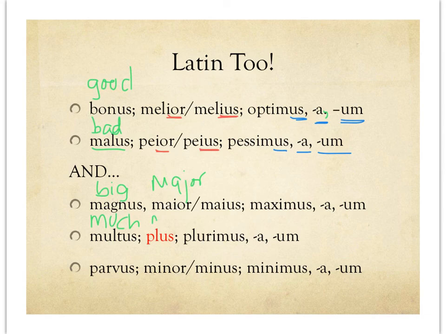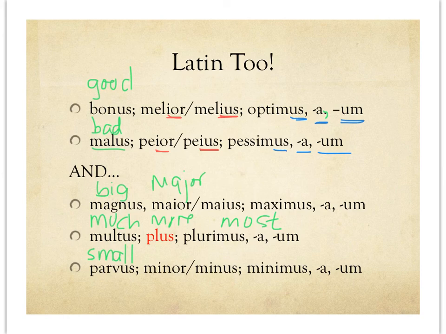So much, more, and most. And then we have parvus, which you know means small or little. And it also has these adjectives minor or minus, and then minimus, minima, minimum.